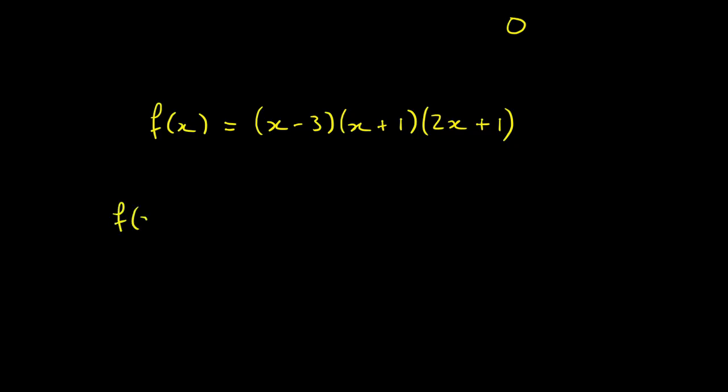In other words, where will f of x equal 0? Well, it will be when x is equal to positive 3, or x is equal to negative 1, or x is equal to negative a half, when 2x plus 1 is equal to 0. So x is 3, x is negative 1, and x is negative a half will be the solutions there. Okay, that's the answers.